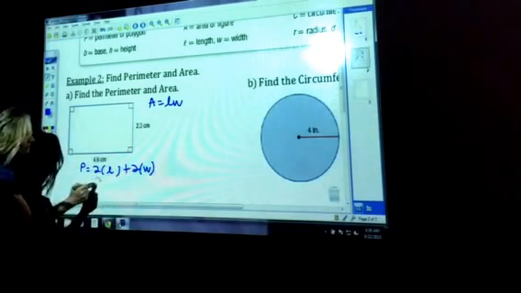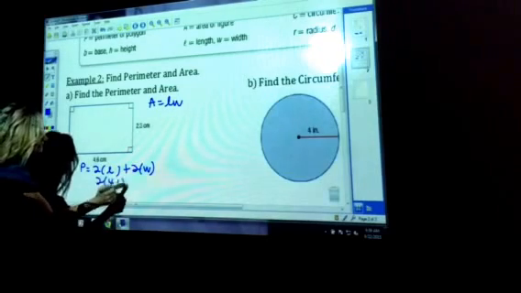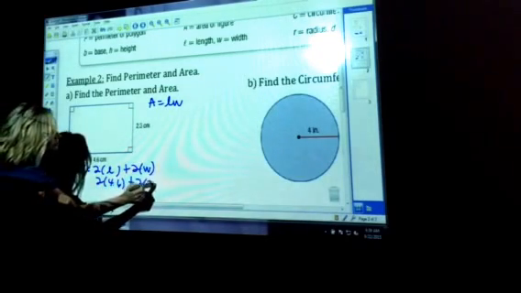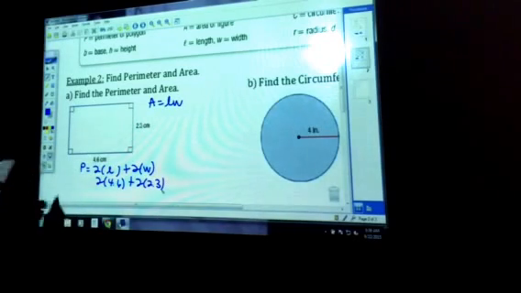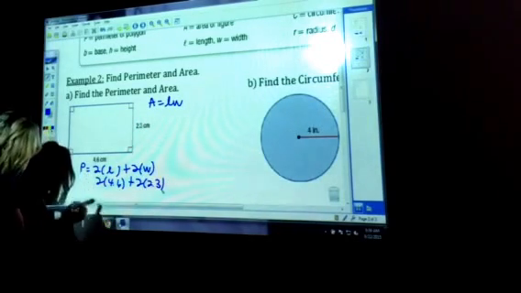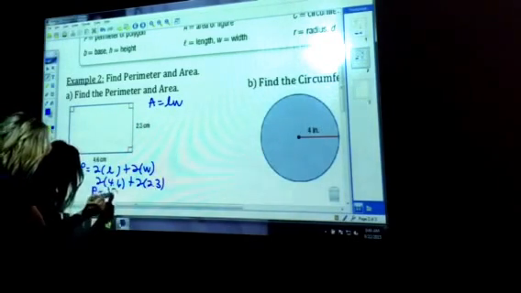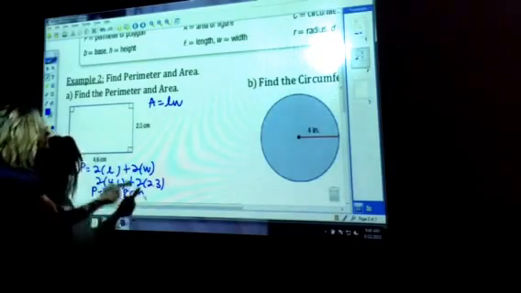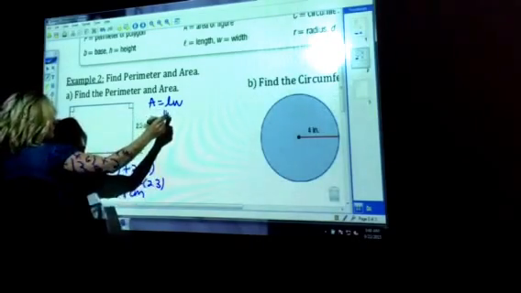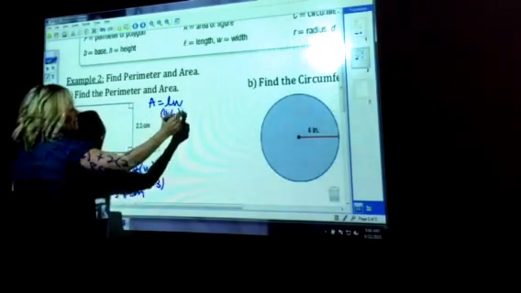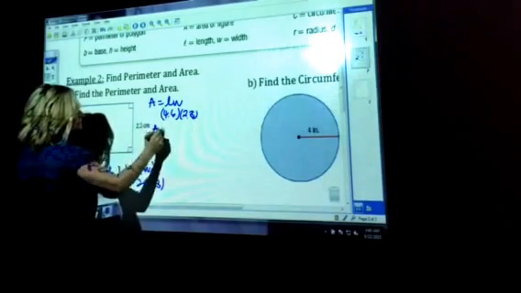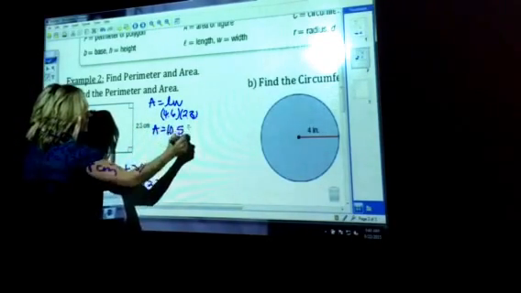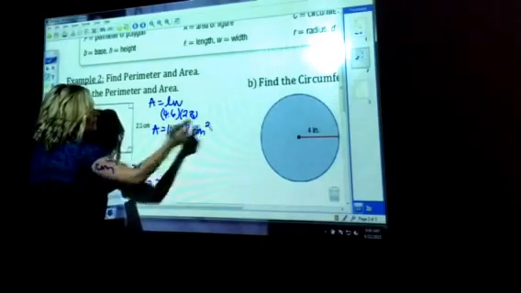All right, so you have 2 times 4.6 plus 2 times 2.3, and that's going to give you the perimeter is 13.8, and that would be centimeters. For the area, you have 4.6 times 2.3, which would give you 10.58, and that would be centimeters squared.